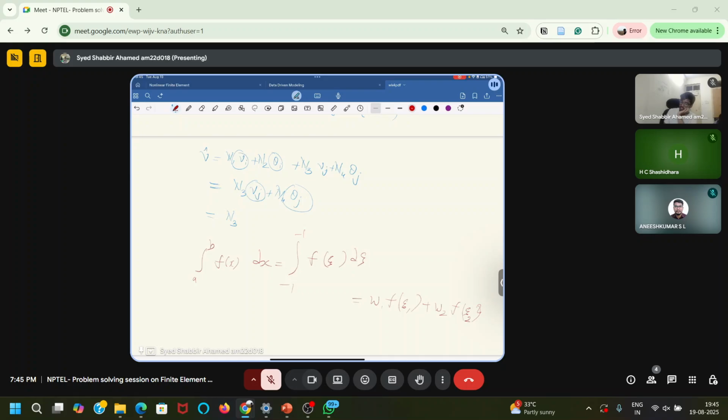If you take 2-point integration, there is a Gauss quadrature table which is given. If you refer to the Week-2 notes, you will get it. You substitute that, and for the maximum and minimum, whatever maximum you get, substitute the maximum, and whatever minimum you get, substitute the minimum.